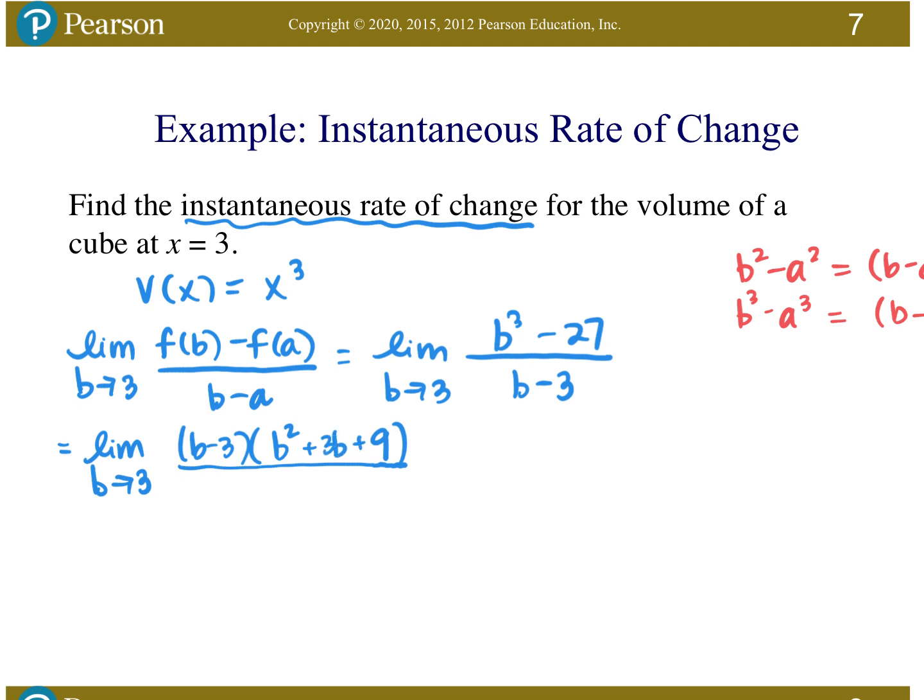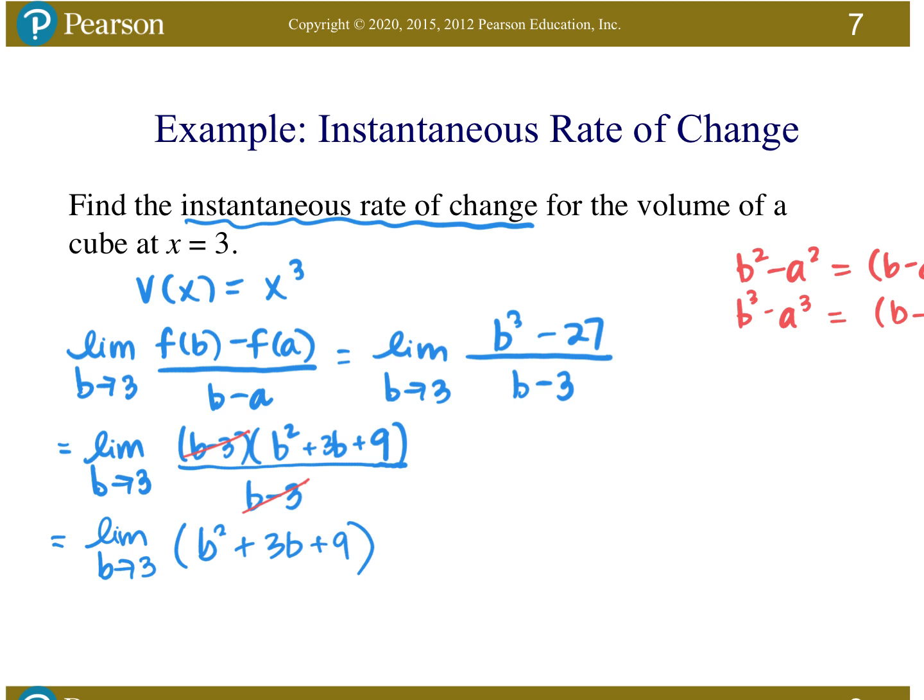3b. Okay, that is the factor pattern for difference of cubes, and my denominator is b minus 3. So now I can reduce. What I get is still a limit with parentheses, b squared plus 3b plus 9.